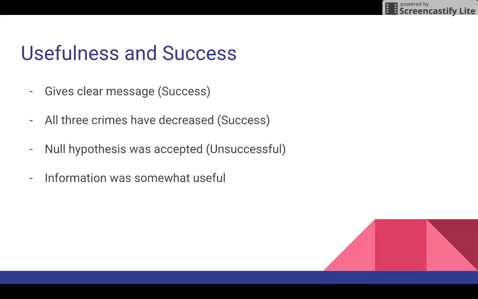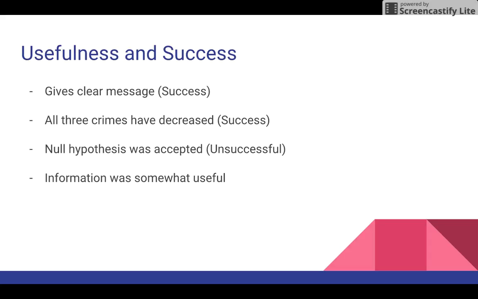Here there's a little bit of success and a little bit of lack of success. The success is that it gives a clear message that the poverty rate is not correlated with the crime rates. Another success is that crime rates have decreased throughout the years, which was good to see. The unsuccessful part of the test is that my null hypothesis was accepted, which means my actual hypothesis was declined and proven incorrect.